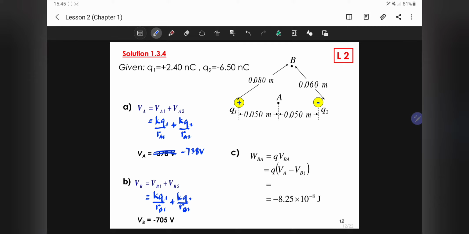Alright, so substitute all the values. Q is our test charge. The test charge given now, the magnitude is 2.5 nanocoulomb. So by inserting the values, 2.5 nano equals 10 to the power of negative 9, multiplied by VA. VA we got before is negative 738, and then minus negative VB, which is 705 volt.